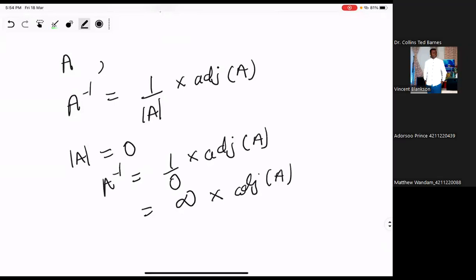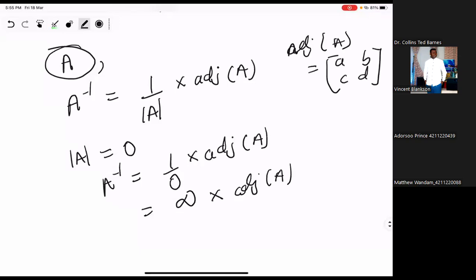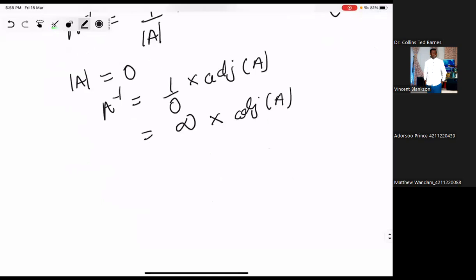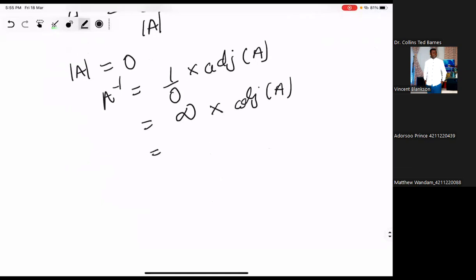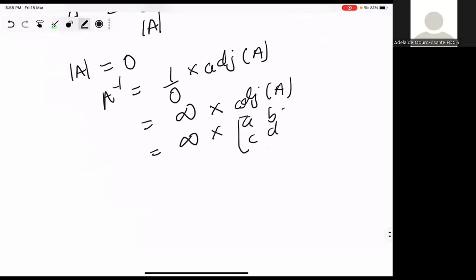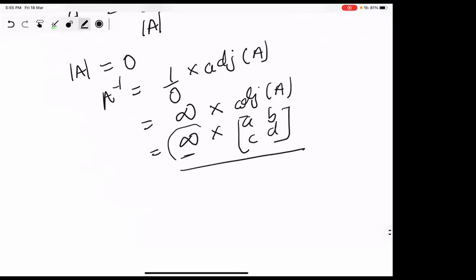The adjoint of A is another type of matrix that you deduce from A. Assuming the adjoint of A is given randomly by A, B, C, D, where A, B, C, D are all numbers, then this inverse is undefined times A, B, C, D. If we assume the undefined is a scalar, this is scalar multiplication, where we multiply the scalar by each and every component of the matrix.